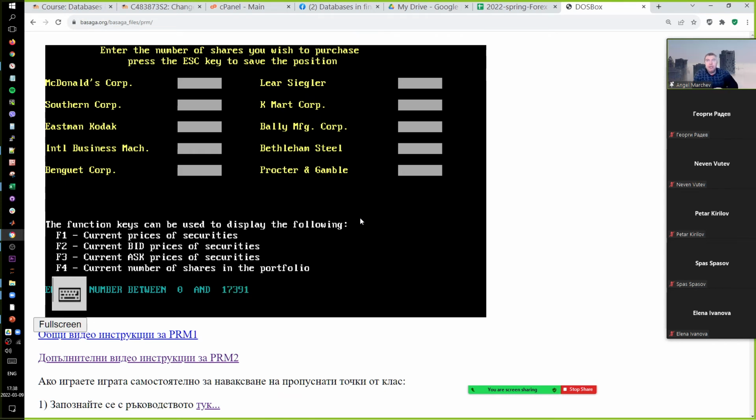And you can see, going with the arrows from top to bottom, from one field to another, I'm actually changing. I can trade with different shares. Here there are several important things. F1 is showing you the current price of the securities. Here everything is in decimal symbols.